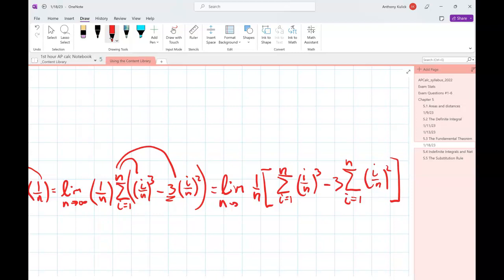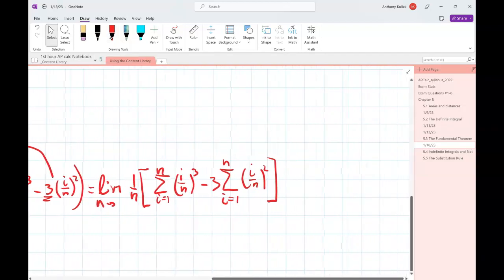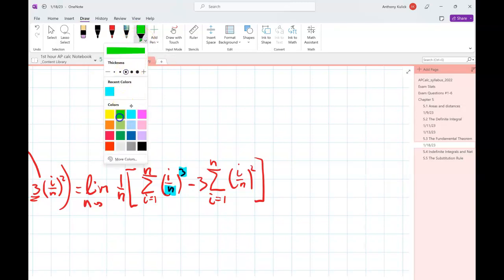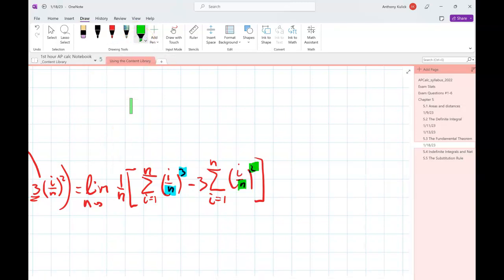Okay. Now, again, I notice that this n to the third and this n squared don't have anything to do with i's, so I can pull those in front of their respective summations.